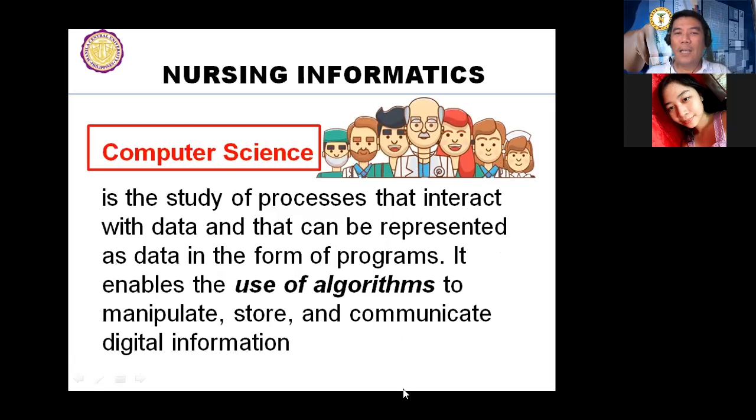Now, computer science is the use of the information that has been processed. That is information science. If we use technology wherein, for example, we use code that only nurses can interpret, when we talk about computer science, it's all about representation. If the nurse processes the information and data, the nurse who has access rights on that computer will be the only one who can interpret the stored data.